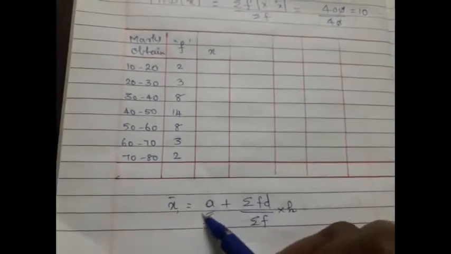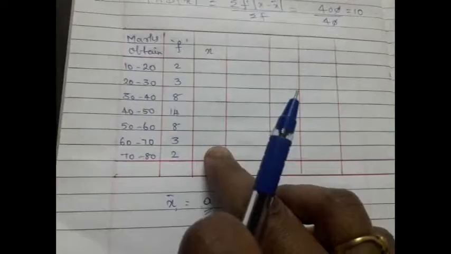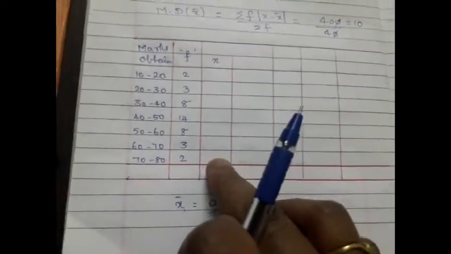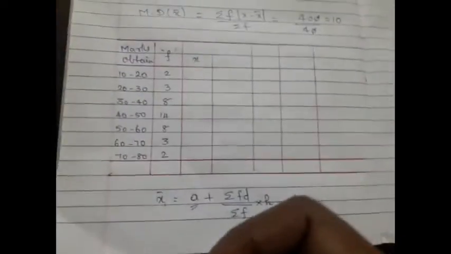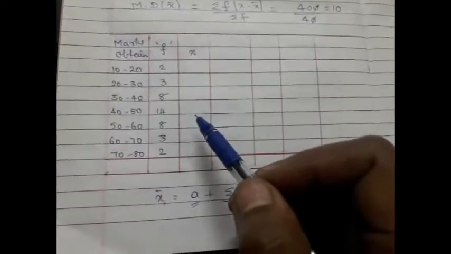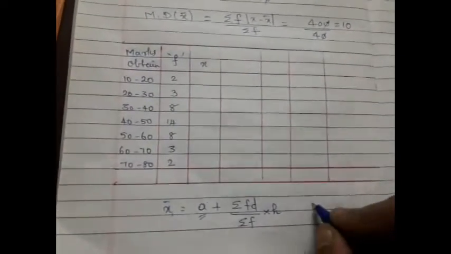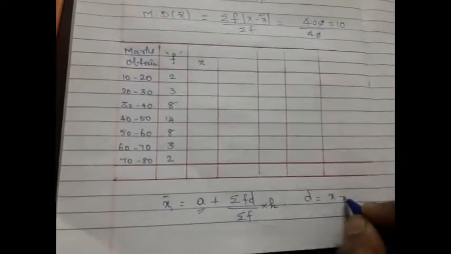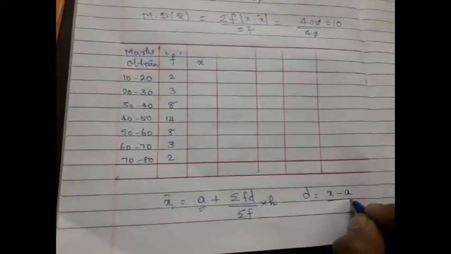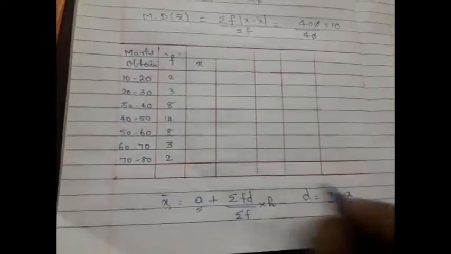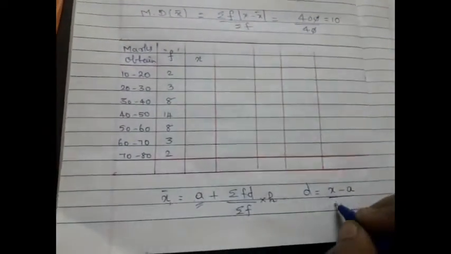A is the assumed mean. Out of these x values, we can assume any value as our a. Mostly we will go with the middle value. Then what is this d? D is nothing but x minus a divided by the width. What is the width here? 10, right? So the width.